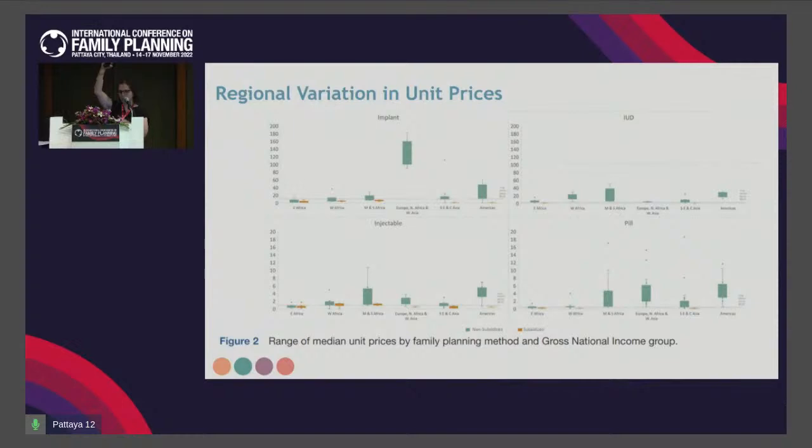So you can see sometimes those bars are quite wide. So we have a lot of price variation happening and a lot of price variation happening across regions, and some differences for different methods of which regions seem to have the highest prices. So a lot of kind of complex things happening in terms of this market, which we recognize are influenced by a whole range of different factors that are kind of at play in these different markets.